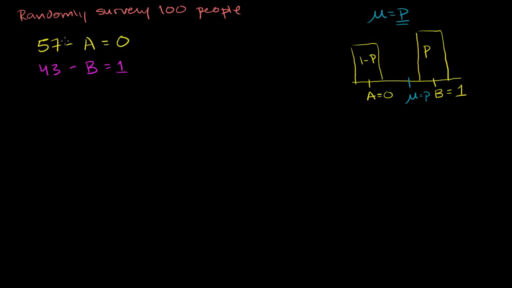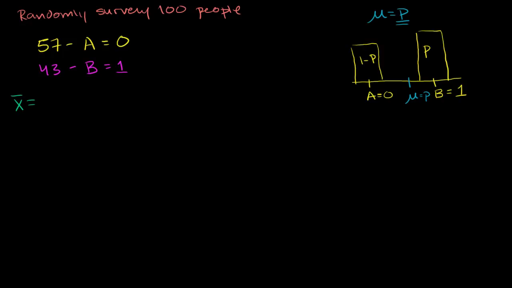Now, given this sample, what is my sample mean and my sample variance? My sample mean is just going to be the average of these zeros and ones.